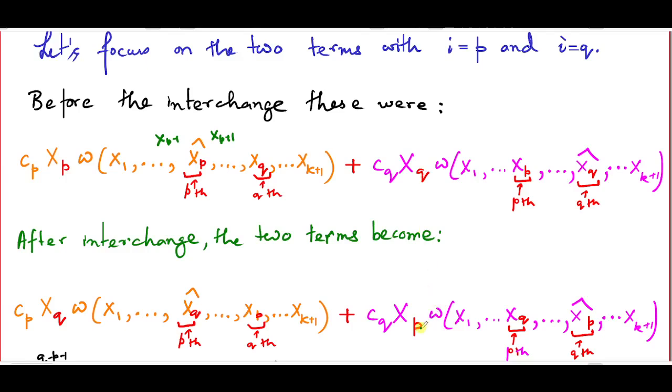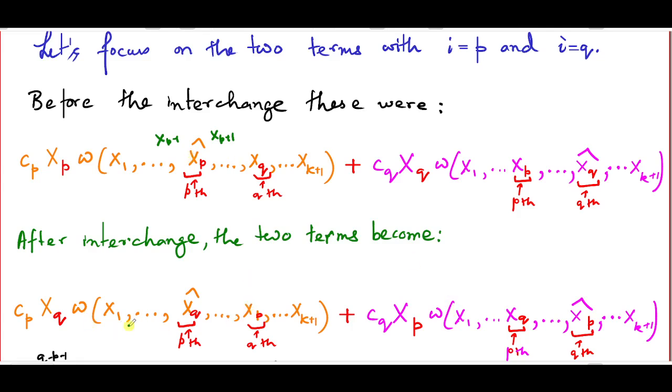On the other hand, in the xp-xq interchanged version of the second term, you get this, where xq is sitting in the actual pth position, and xp would have sat here, but it's missing. Rather, it's sitting outside. Now, if you compare these two pairs with each other, it's obvious that you can compare this term with this one. In both of these, xq is the one which is sitting outside. Similarly, you should be able to compare these two.